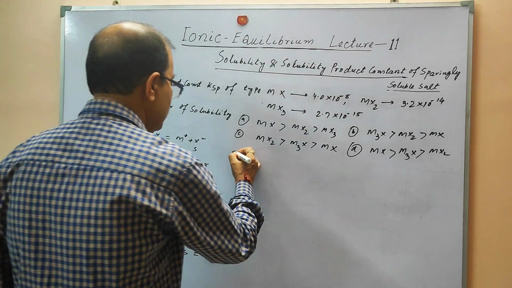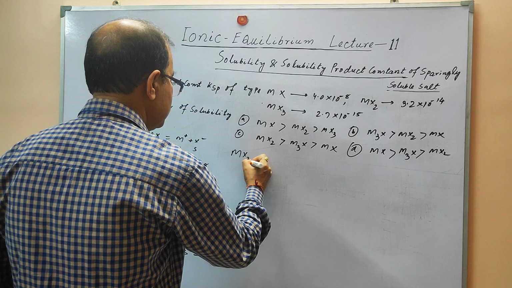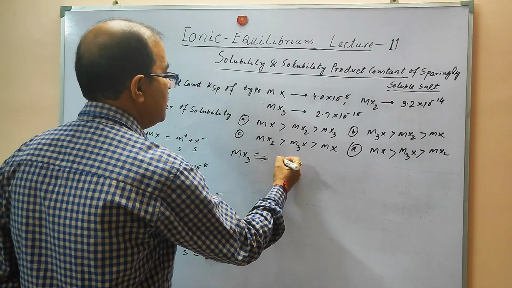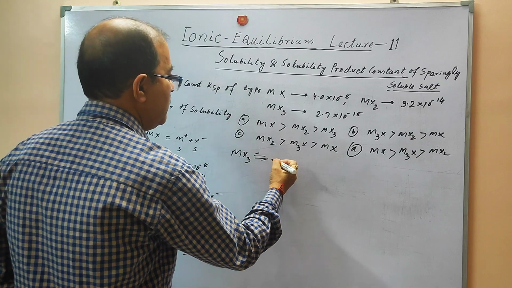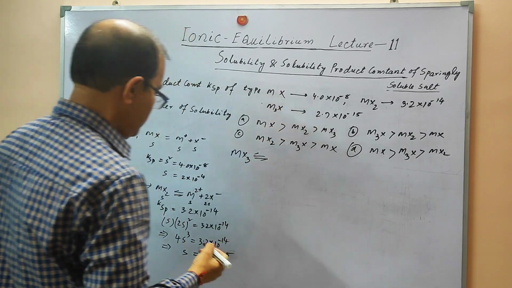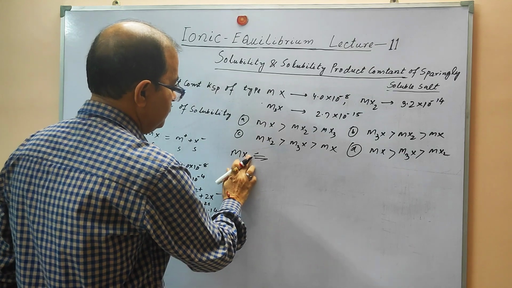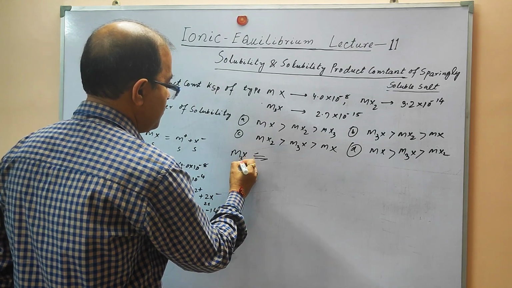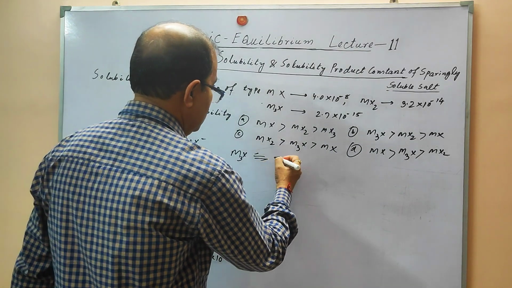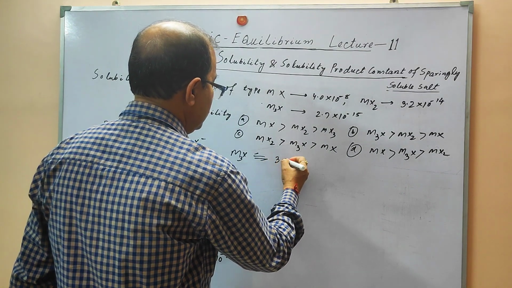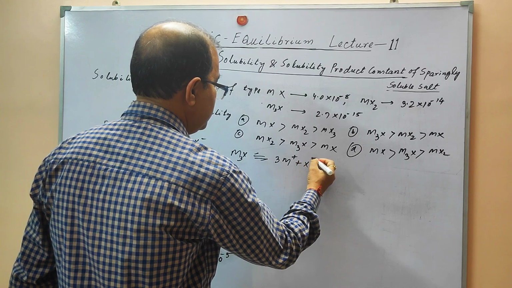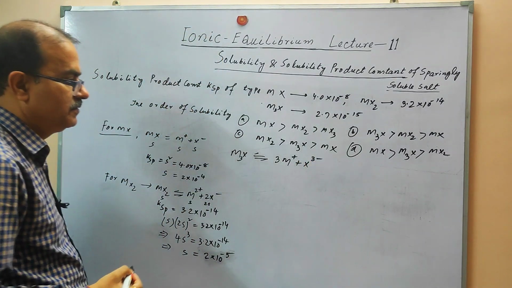And now MX3, this is M3X suppose. Then we will get 3M plus and X minus.